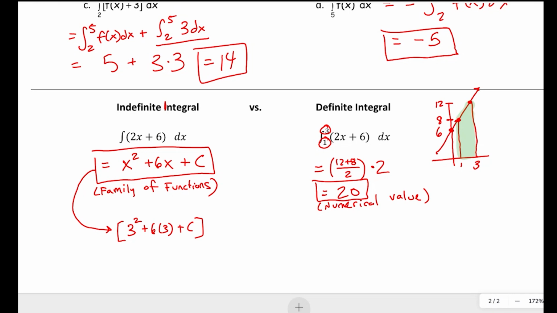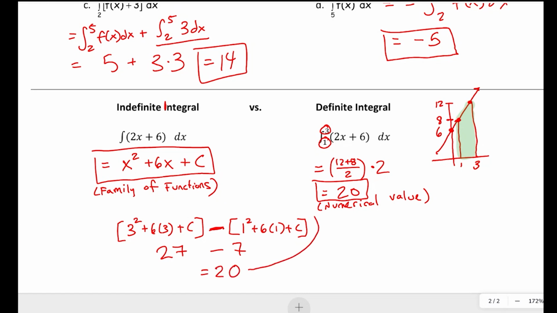And if I plugged in 1, I would get 1 squared plus 6 times 1 plus c. And if I subtract those two numbers, watch what happens. I get 9 and 18 is 27. I get 1 and 6 is 7. 27 minus 7 equals 20. I'm going to leave it at that.